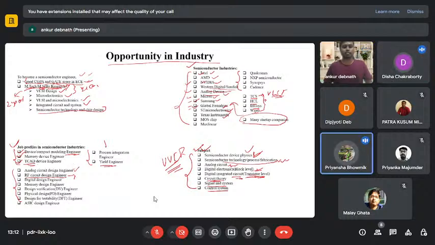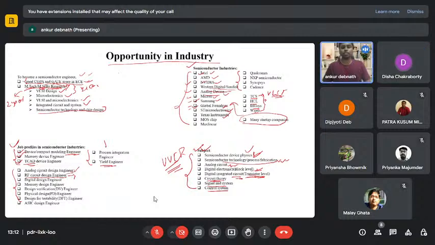We are doing it in Tanner. Tanner EDA, okay. If you have any EDA tool, then it will be better. Using an EDA tool you can select the project and do it, in analog circuit design.